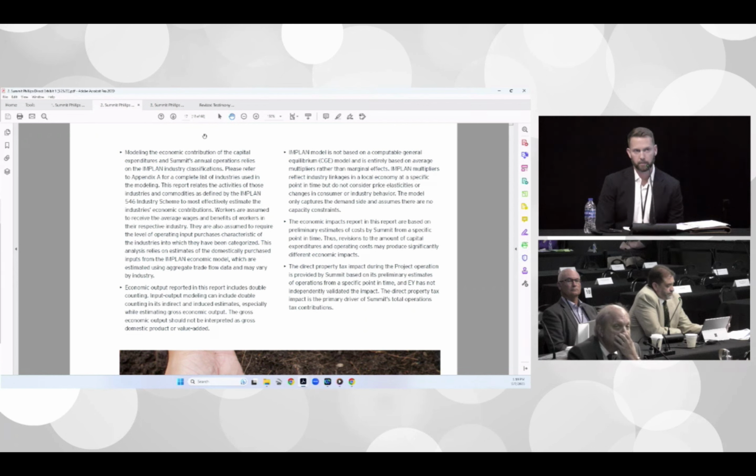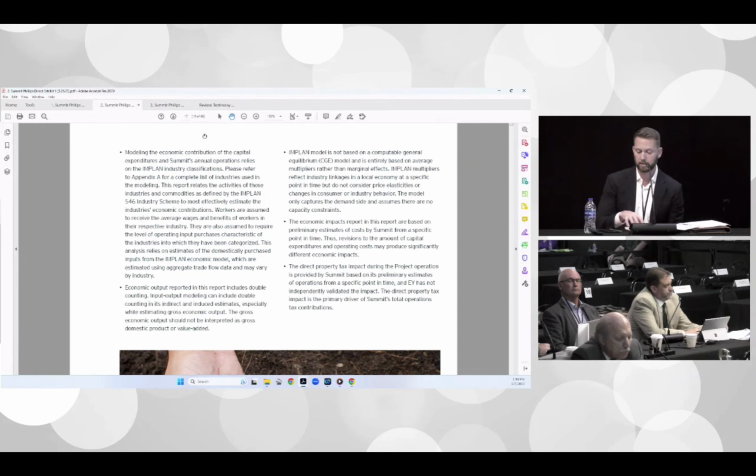So the IMPLAN model and most of the models that we've talked about are based on data from the Bureau of Economic Analysis that would describe things such as output per worker, right? So for the typical worker in a given industry, how much output is produced. An expansion of that industry may have a slightly different ratio of output per worker or productivity.